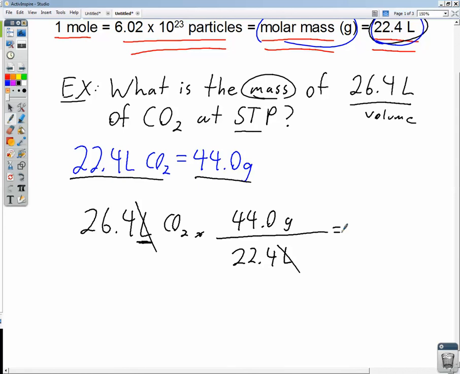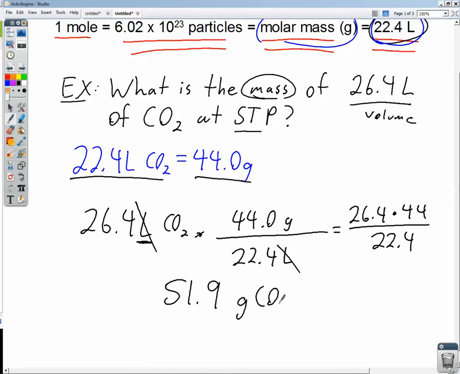And now the dimensional analysis. We're going to do top times top and divide it by the bottom. So 26.4 times 44 divided by 22.4. And we throw that into the calculator, and we end up with 51.9 grams of CO2.